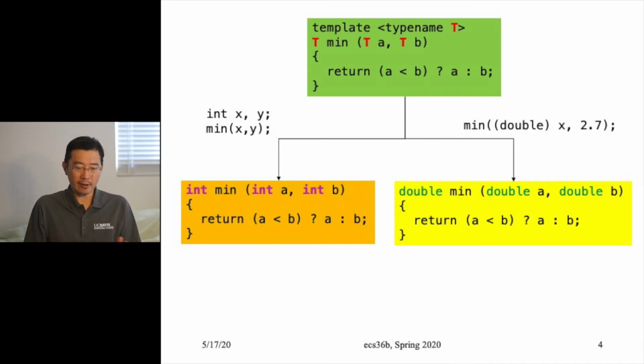Okay, so that's a function, and I could potentially have on the left-hand side a min function for comparing two integers and returning the smaller integer, or I can have on the right side a min function defined which compares two doubles and returns the smaller double within these two input arguments.